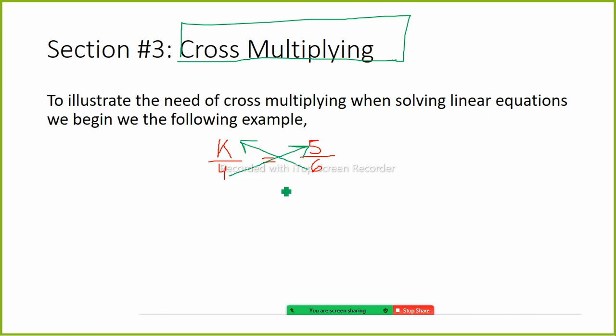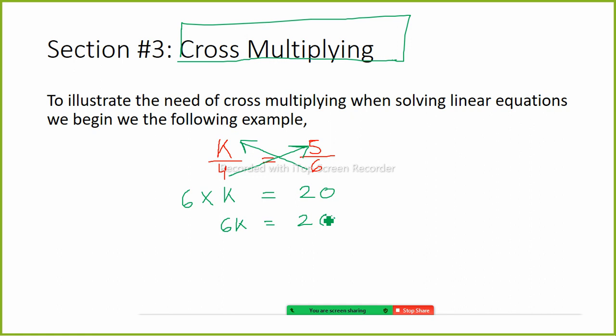So the next line that we have is going to be 6 times k. Okay, that's going to be equal to 4 times 5, which is what? 20, right? And so now we have 6k is equal to 20.